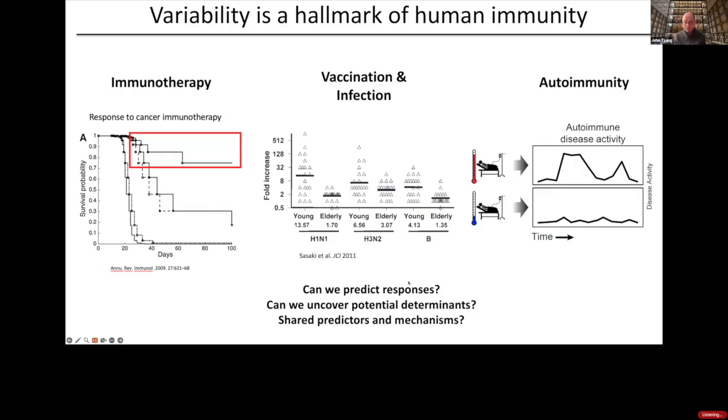The question we and others have been asking over the years is, can we predict these responses in humans? And based on those kinds of signals, can we start to uncover determinants and shared mechanisms across these seemingly diverse, heterogeneous scenarios?